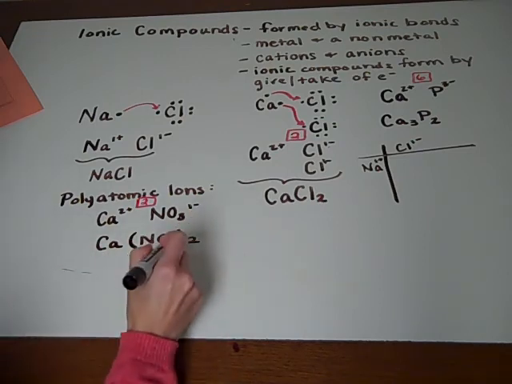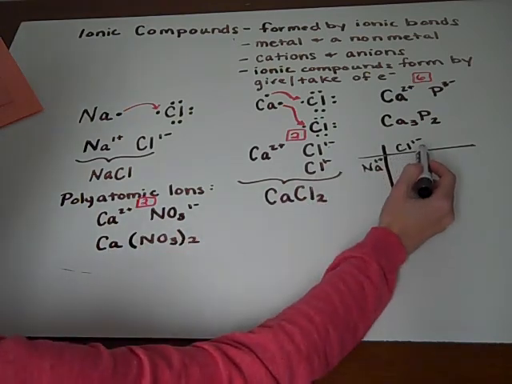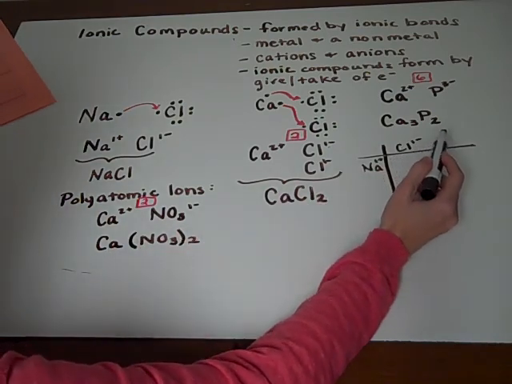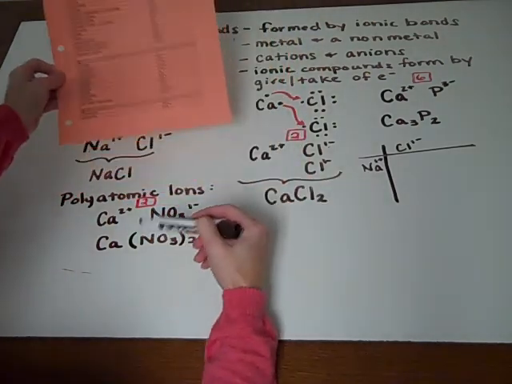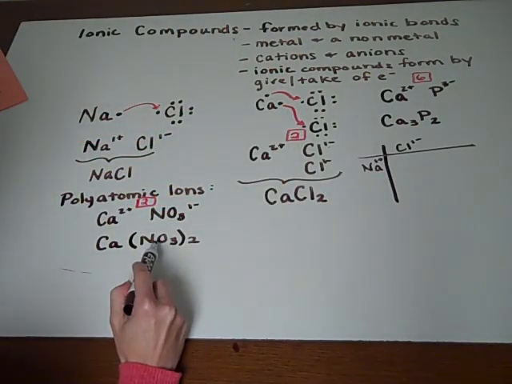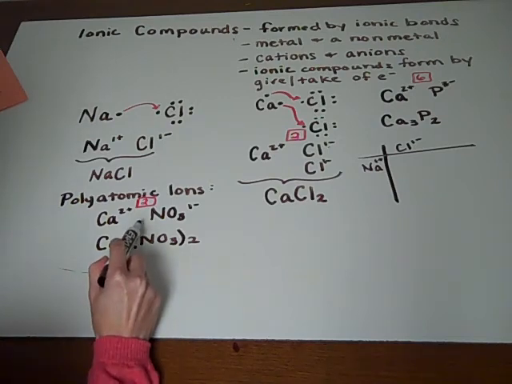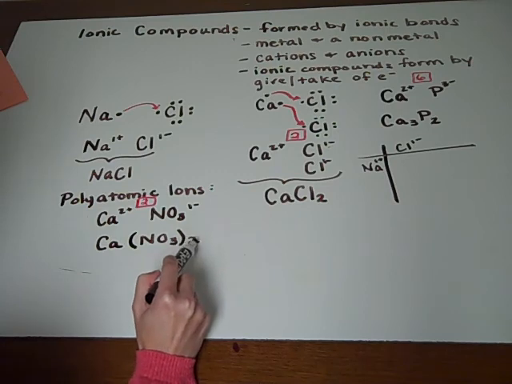Okay? So you will find some of these on your chart, and so you will look on your orange sheet, you will find their charge, and you will write that. You do not need parentheses if you only need 1 of your polyatomic ion. You only need the parentheses when you need 2.